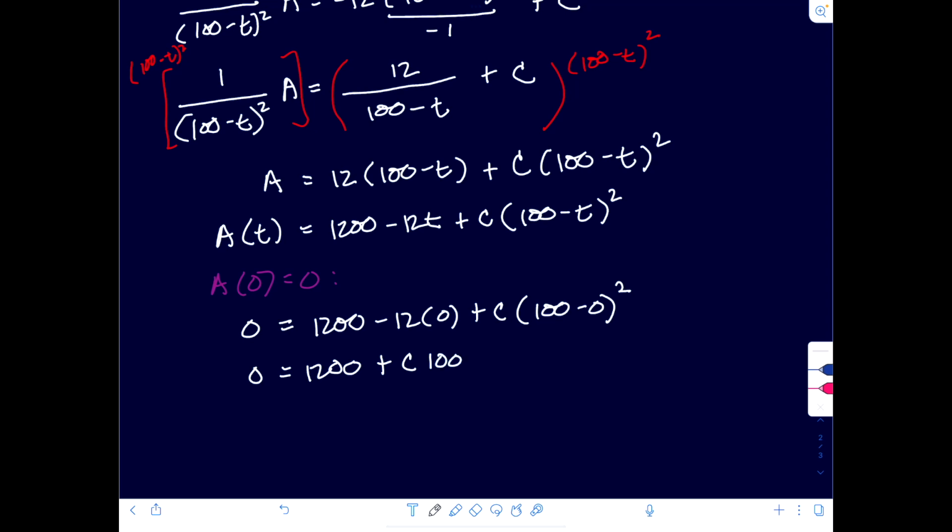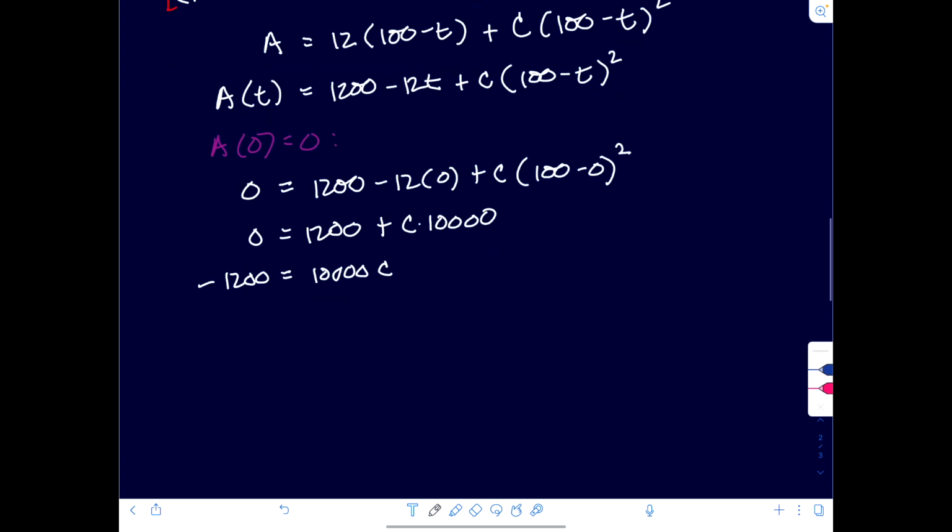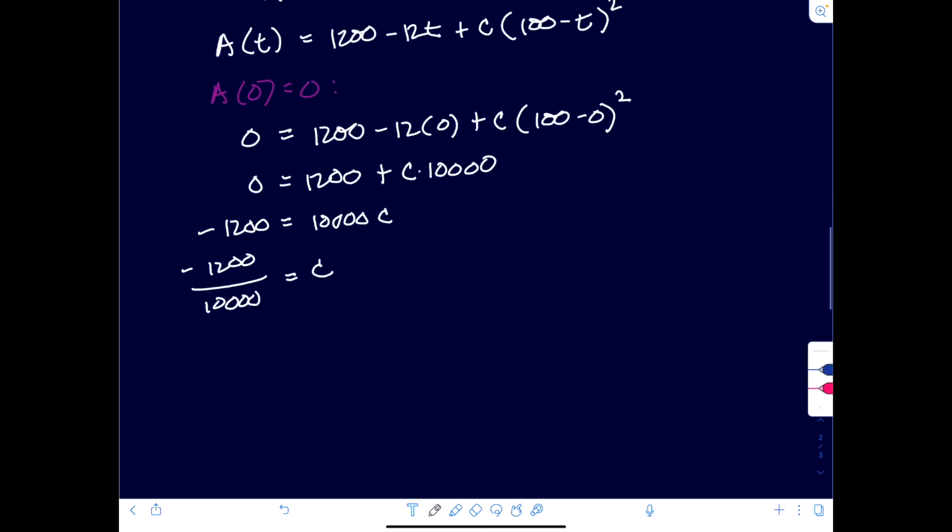So, continuing to solve for c, we'll have negative 1200 equals 10,000 c. Negative 1200 over 10,000 is equal to c. Taking out a 400 from both, we'll end up getting negative 3/25 is equal to our c.